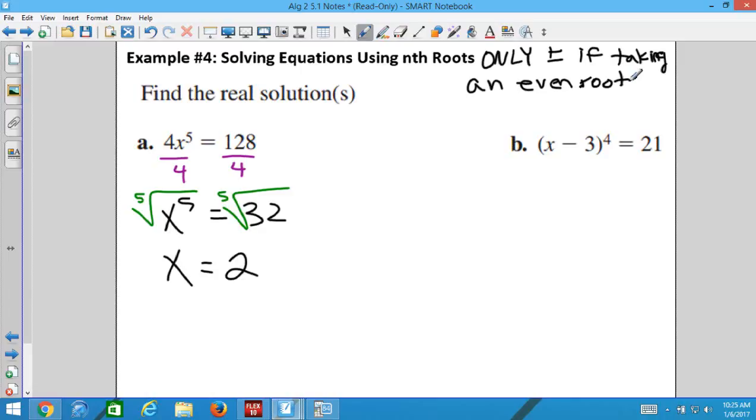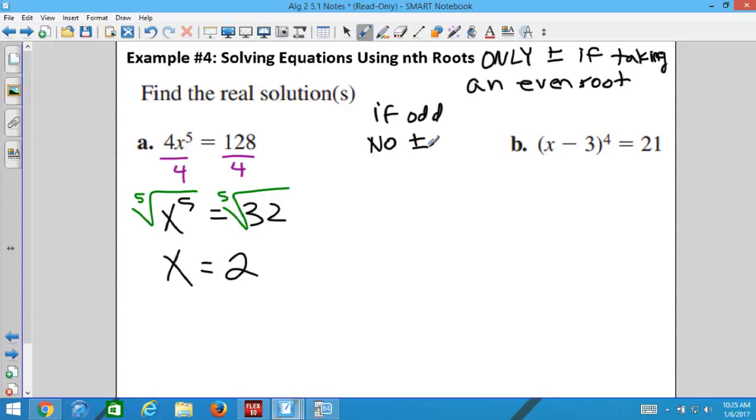If it's odd, you don't need the plus or minus. Okay, you only use the plus or minus when it's an even root. That has to do with the fact that you can't square root a negative number, but you can cube root a negative number.